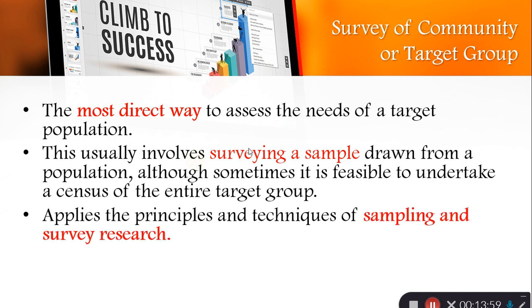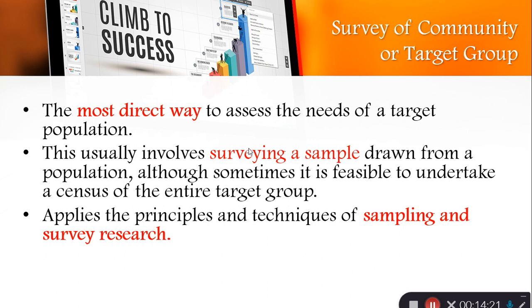And so this approach applies the principles and techniques of sampling and survey research. Specifically, what we'll learn about in the next video lecture is that surveys are very useful for gathering information from large groups of individuals.